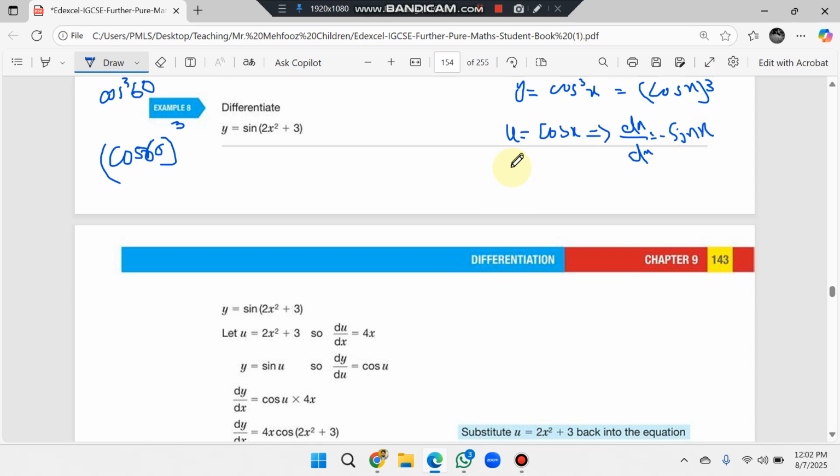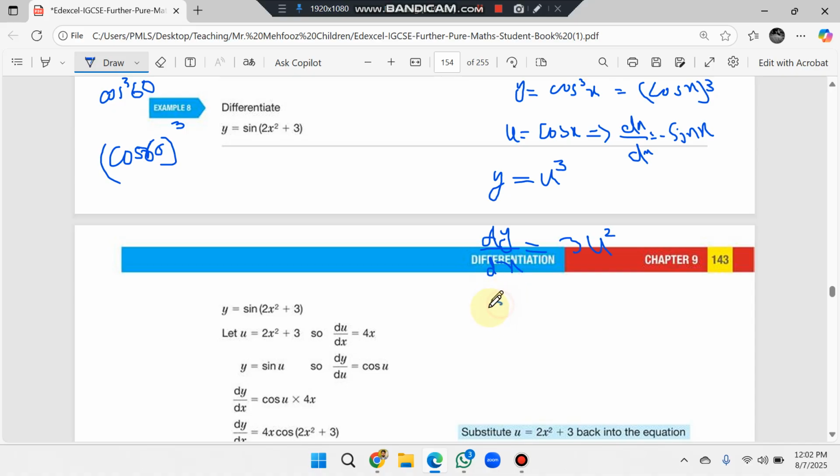After that, we just put the value of u into this equation, so it becomes y equals u cube. So we can write dy by dx is basically equal to 3u square.